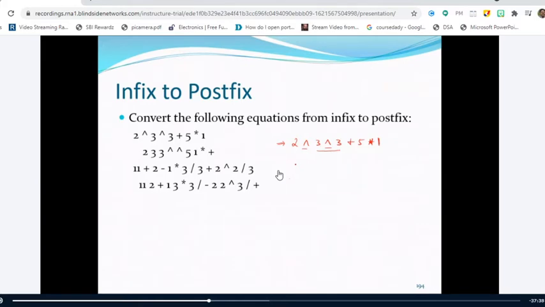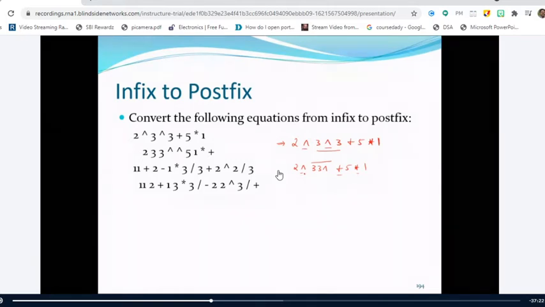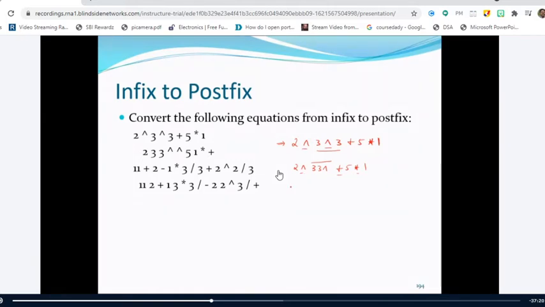So it becomes 2 cap 3 cap plus 5 star 1. Now we are left with three operators, cap, plus, and star. Again, we know that the precedence of the exponentiation operator is greater than plus and star. Therefore, we solve this sub-expression first. The left operand is 2 and the right operand is 3 cap, with the operator placed at the end.